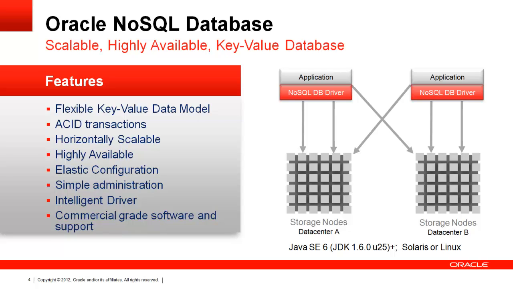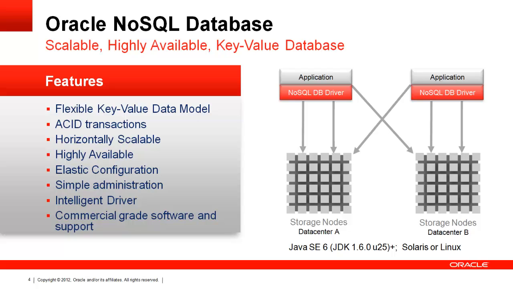So the Oracle NoSQL Database is a NoSQL database, which is inherently a scale-out type of database, which is meant to run across lots of independent pieces of hardware, instead of scaling up on one massive piece of hardware. In addition to that, it's a key value database.